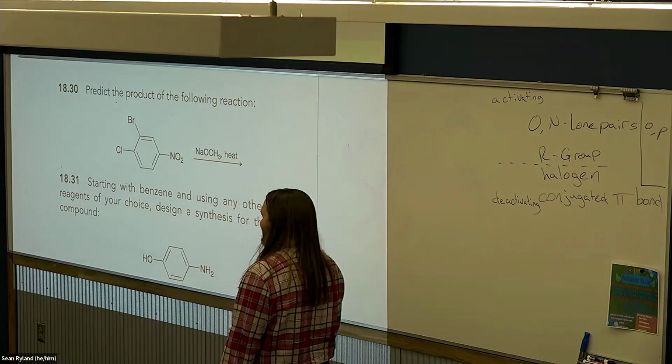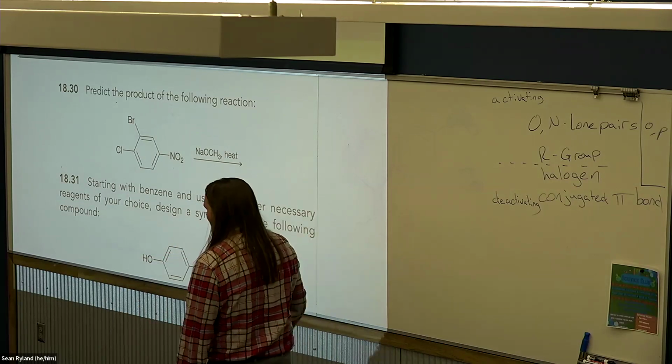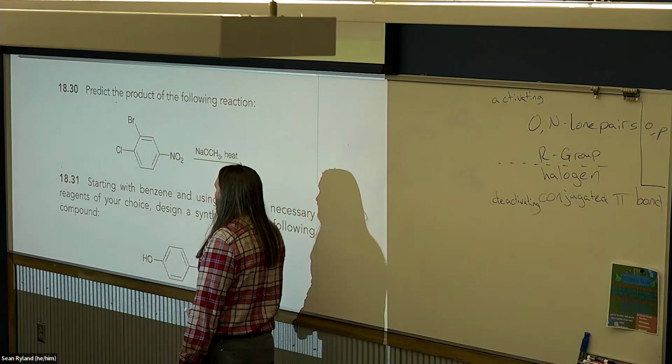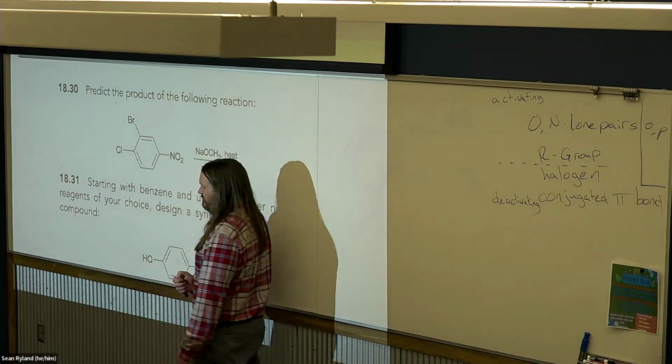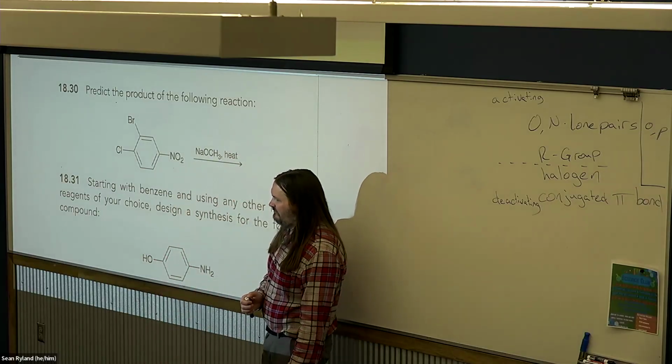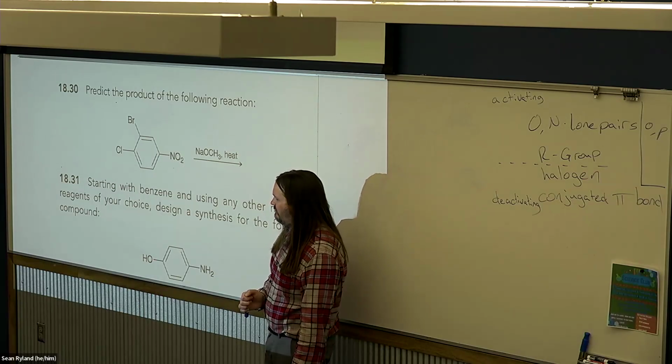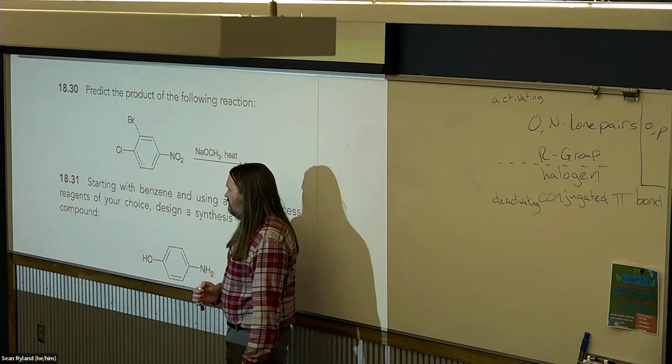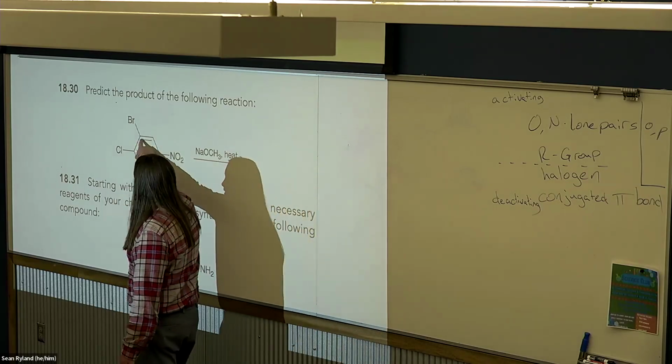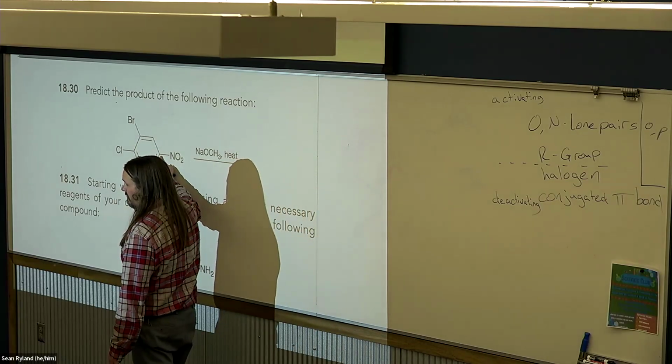No, not this time. The ortho. That one. So the chlorine or the bromine is ortho or para to the nitro group. Bromine's meta to the nitro group.